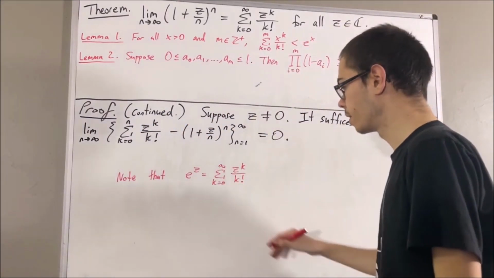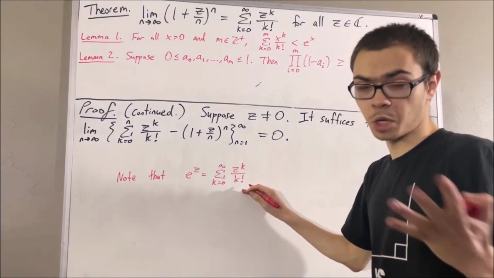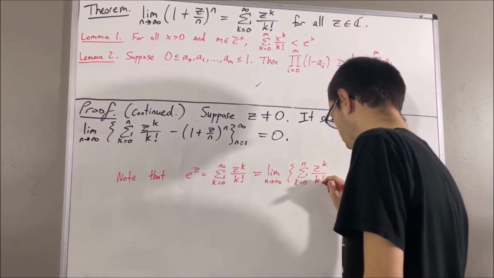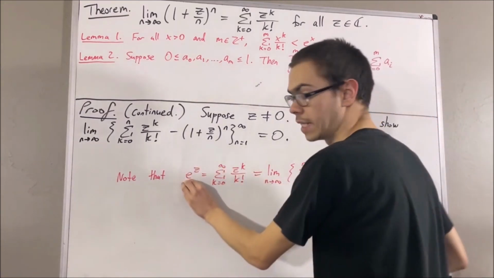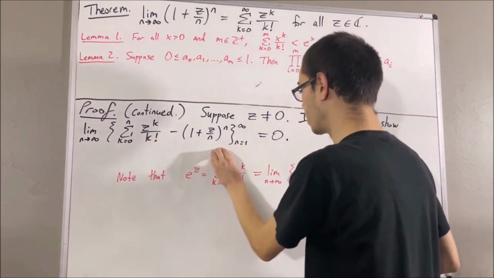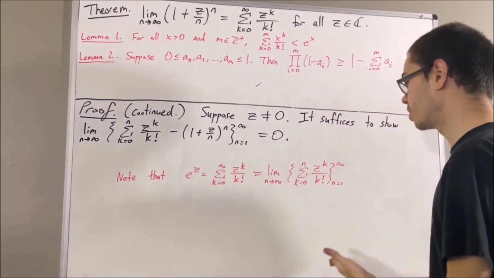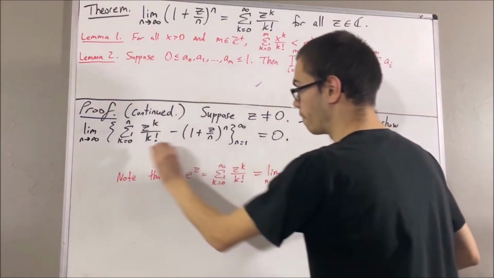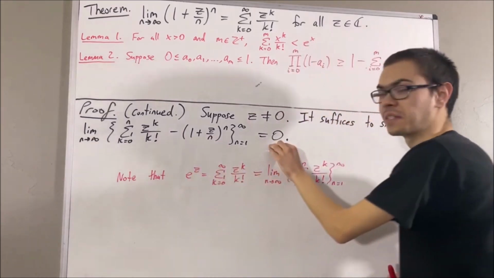Put another way, this infinite series is the same thing as the limit of the sequence of partial sums. So if we know that the limit of this sequence is equal to e to the z, and the limit of this sequence is equal to 0, well then from properties of limits, it follows that the limit of the difference between this sequence minus this sequence is equal to e to the z minus 0.